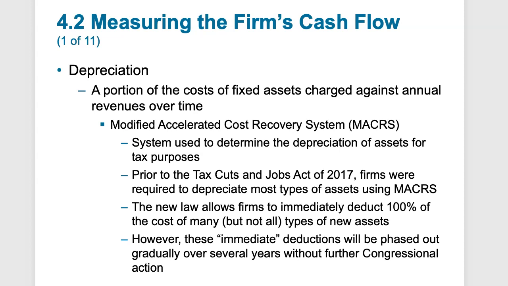So we want to use the depreciation method that's going to get us the most taxes back the soonest. When we're trying to measure cash flow, depreciation distorts income to reduce taxes, but we need to add it back into our cash flow to reflect the fact that cash really didn't go anywhere.